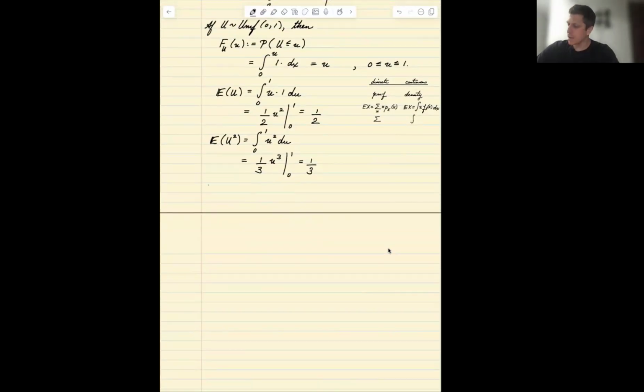And then the variance of U is, by the computing formula, the expectation of U squared minus the quantity expectation of U, squared, which is 1/3 minus 1/2 squared. 1/3 minus 1/4 is 1/12.